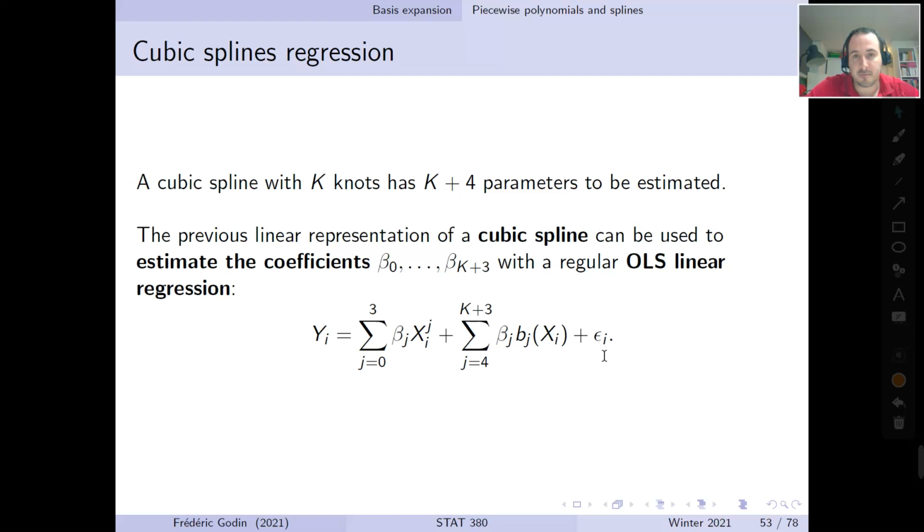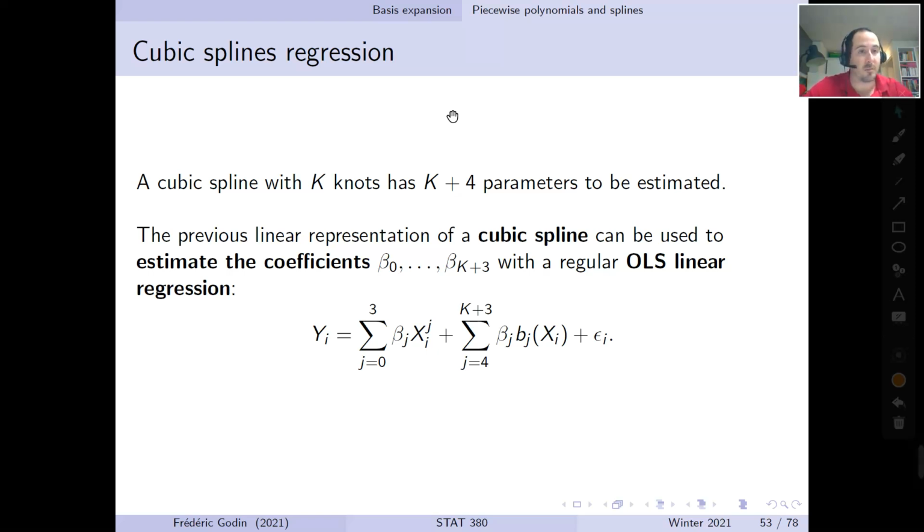The cubic spline has exactly K knots and turns out to have exactly K plus 4 free parameters to be estimated. Why is that the case? For a cubic spline, the parameters that vary freely are first the 4 betas associated with the first interval, and then for all other subintervals, it's the beta associated with the third order monomial.